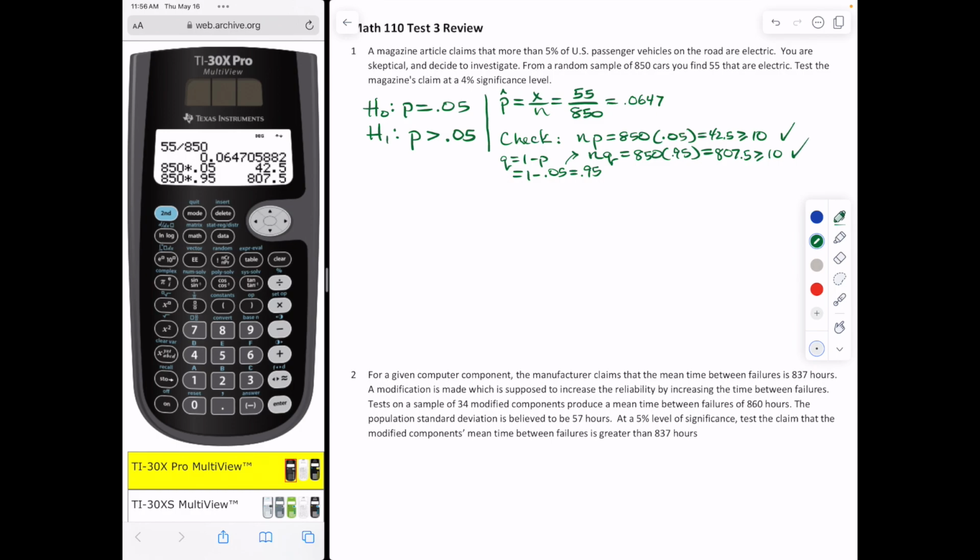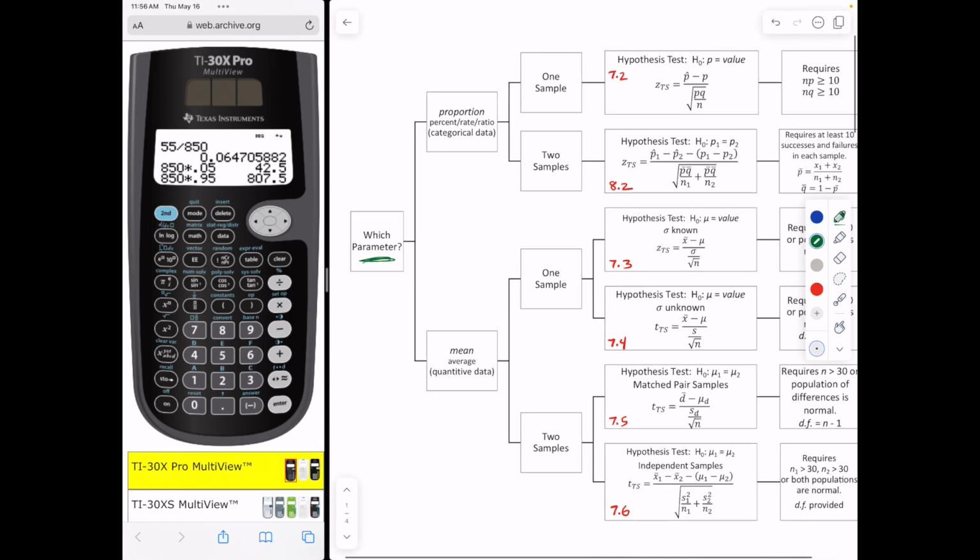And then normally, after we get the null and alternative hypotheses and do the check, we generally would get our test statistic. So go and squeeze that in here. So the Z test statistic. The formula, again, from the flow chart here, we're doing this one.